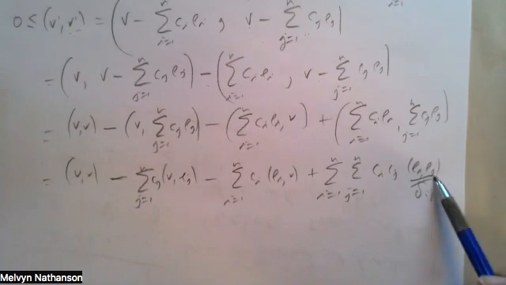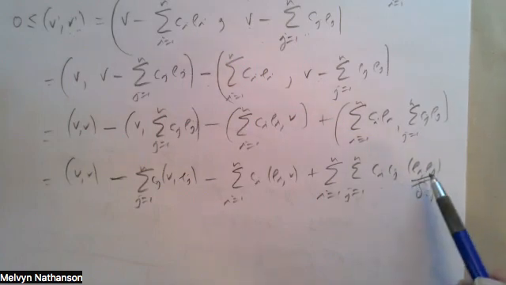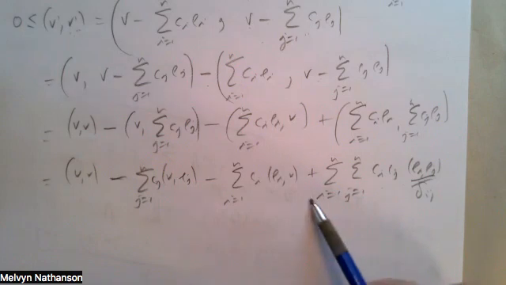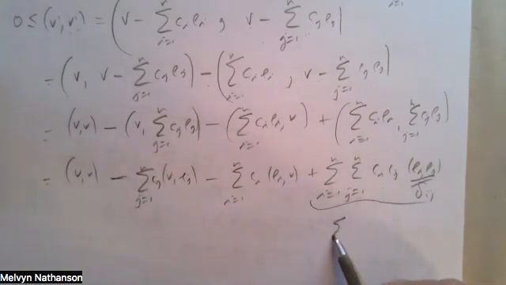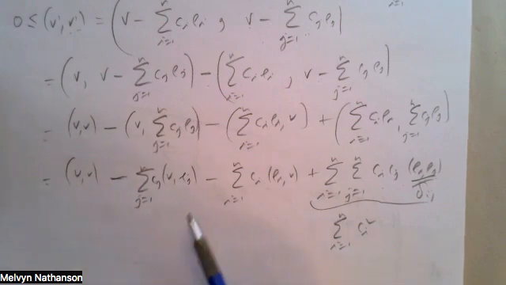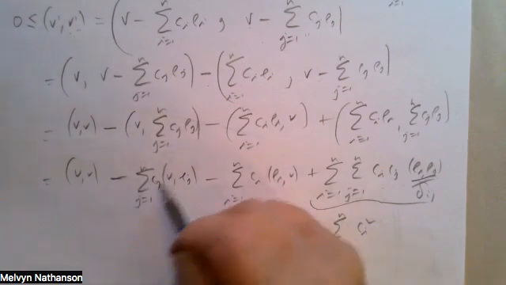So this term is really just the summation, i goes from 1 up to n, of c sub i squared.